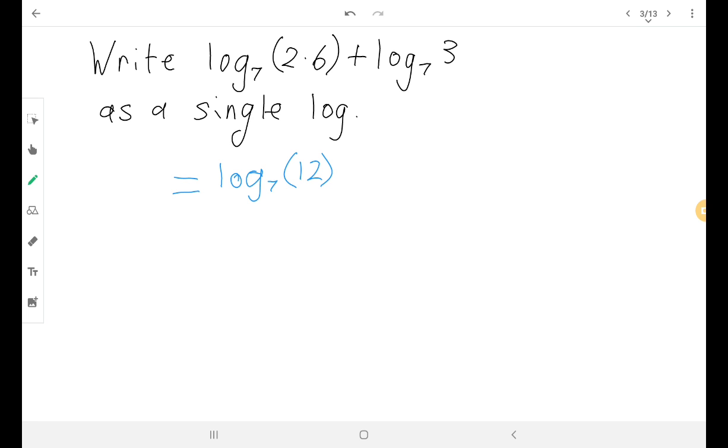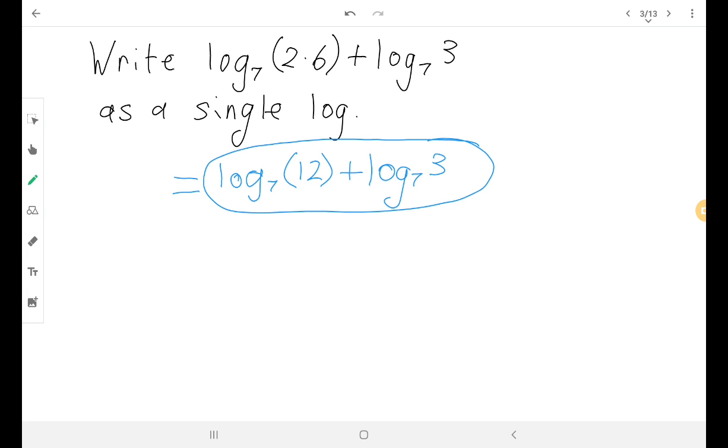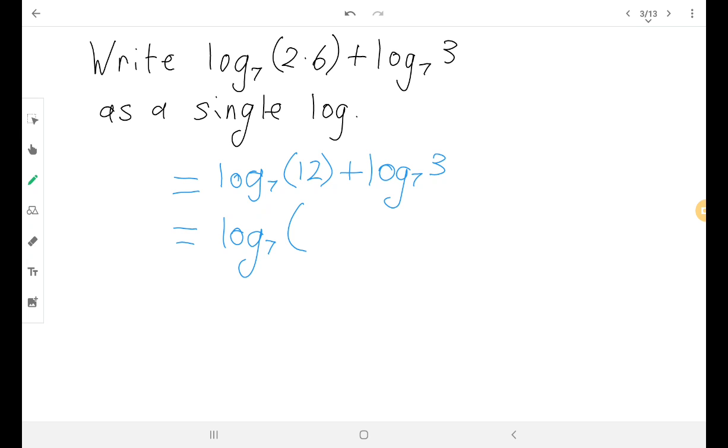So that's log base 7 of 12 plus log base 7 of 3. And then if I'm adding these two, I can condense them, shrink them, into one logarithm, base 7, and all I have to do is put them together, and it condenses into multiplication.